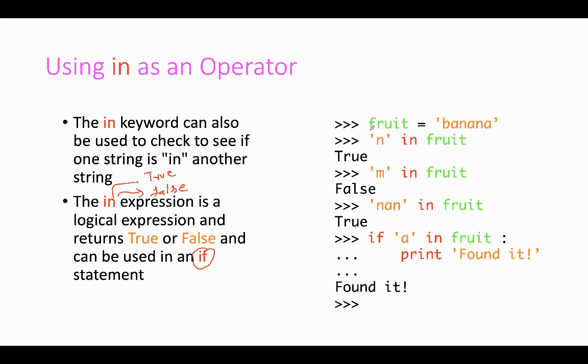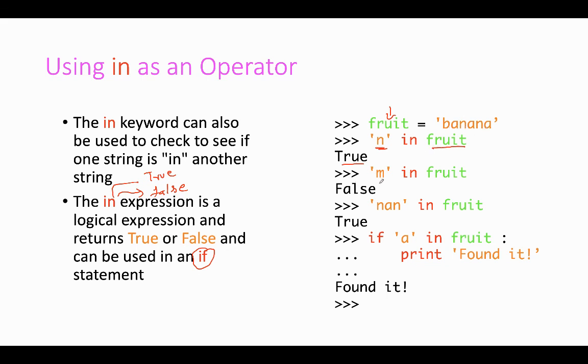So let's see the example now. Fruit equals banana. n in fruit, because I am going to give an input here. n is the input, and I am checking in the fruit variable, which holds the word banana. So n in fruit returns true because n is there in banana.